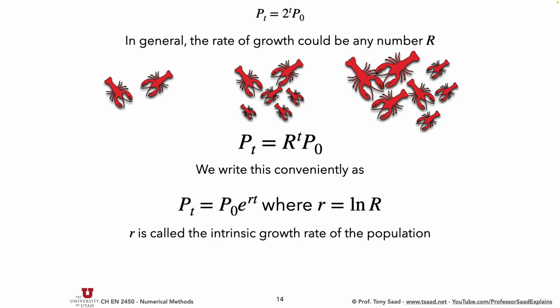It's just two ways of writing the same equation. This equation is the same as the other one, except now I have an exponential. It's easier to differentiate an exponential versus R to the power t.